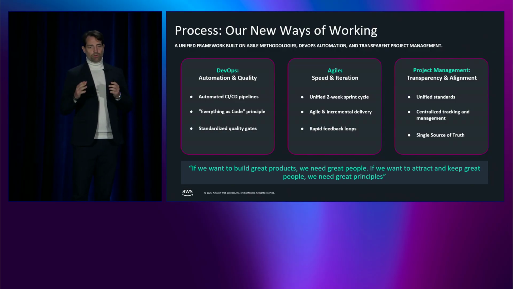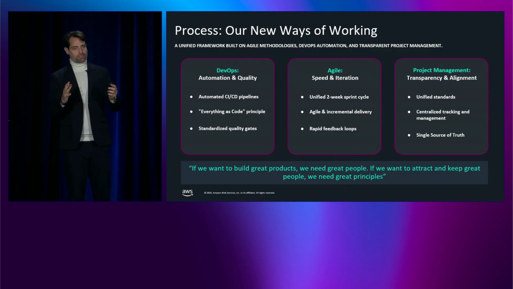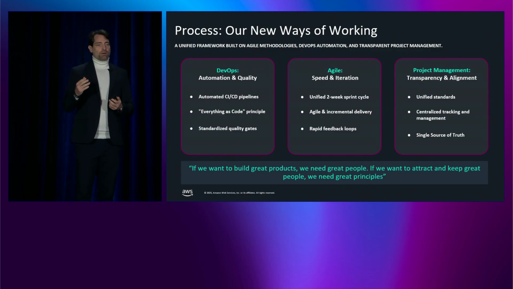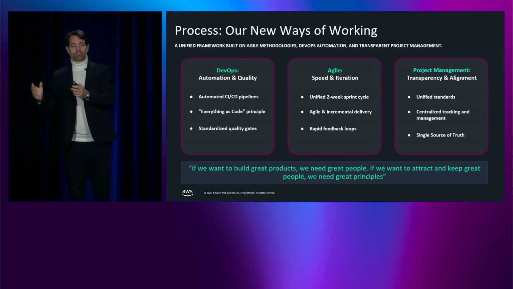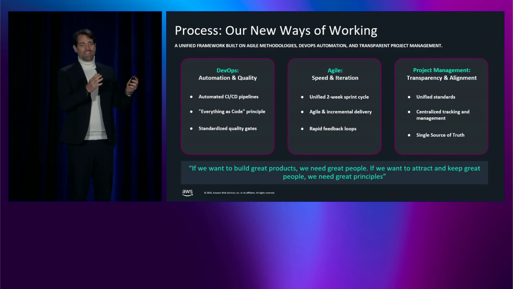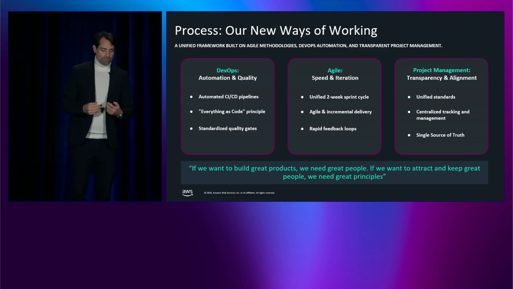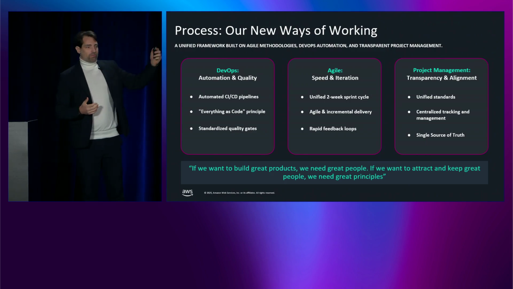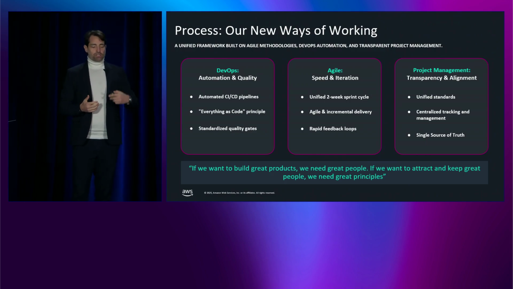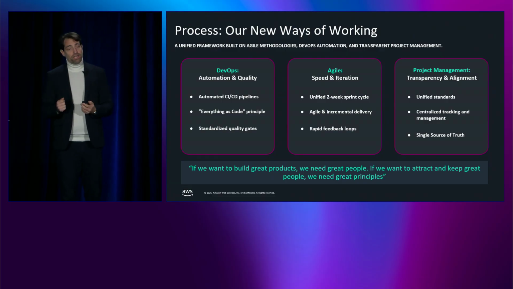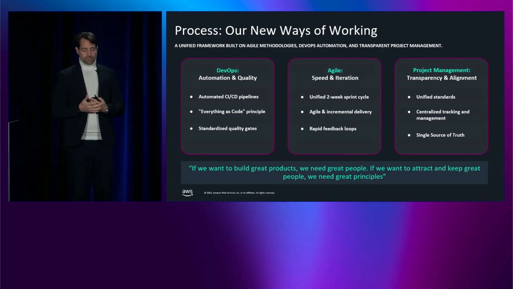We build it, we run it. That is what DevOps is, development and operations. And if you think about what is the main advantage of DevOps, it's very simple. If you know you need to operate this, you think twice how you build it. And that's, for me, the big benefit of DevOps. Of course, we followed a lot of automations, everything is code, and that helped us to have the speed, but also the quality that is needed.